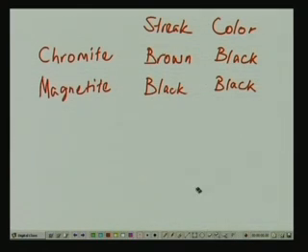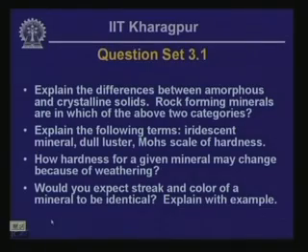Okay, so streak of magnetite and chromite are different, although both the minerals are black in color. So that kind of gives you an example that streak and color are two distinct mineralogical properties.